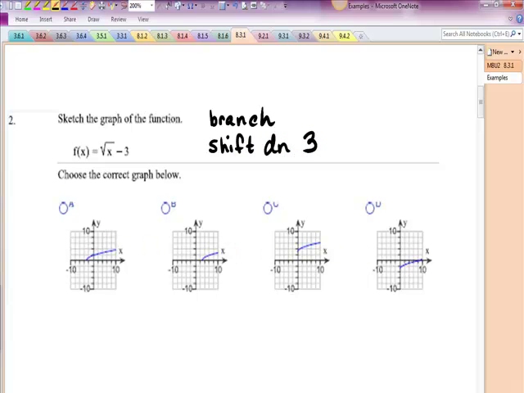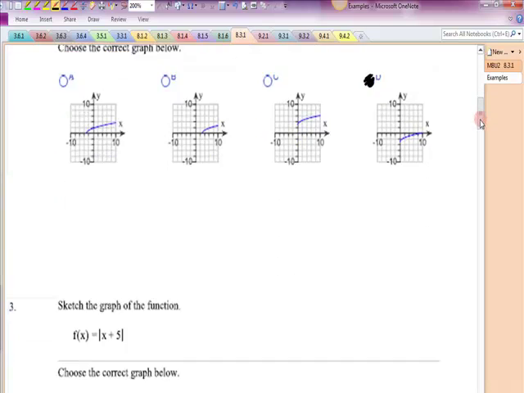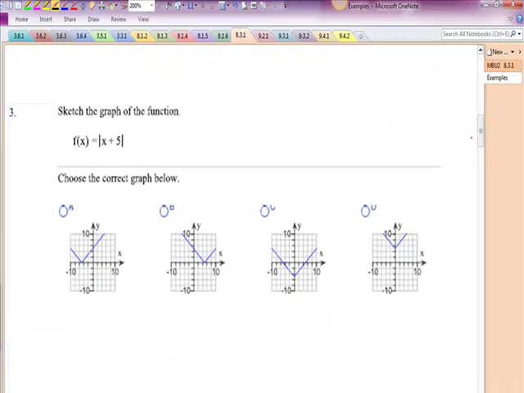All of these are the same shape, but this one, once again, the tick marks are counting by 2's. This one is left. This one is right. This one is up. This one is down. We were looking for the one that was shifted down. The next one, it is an absolute value graph, which means it is a V shape.